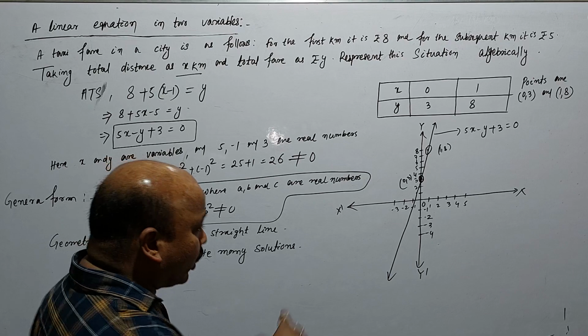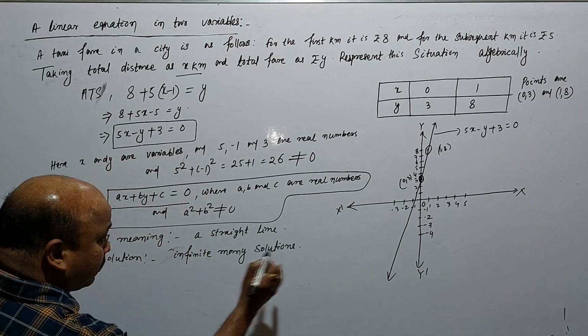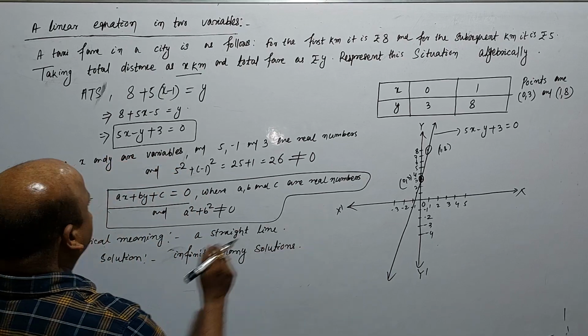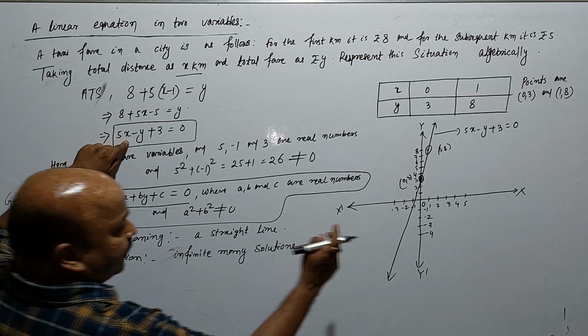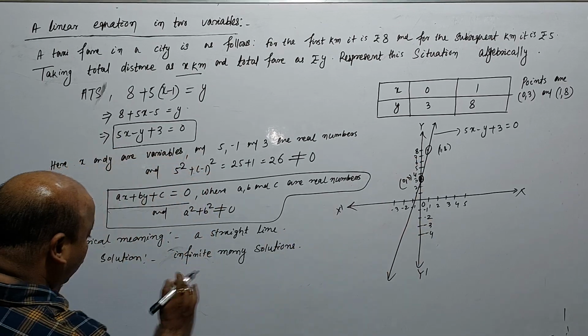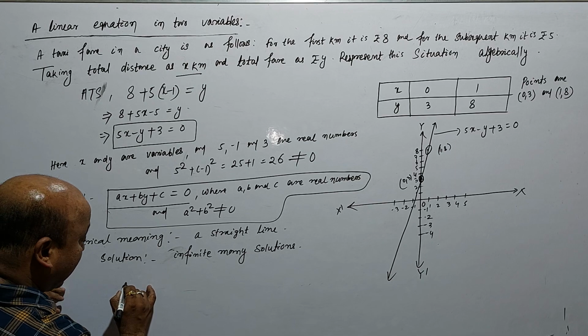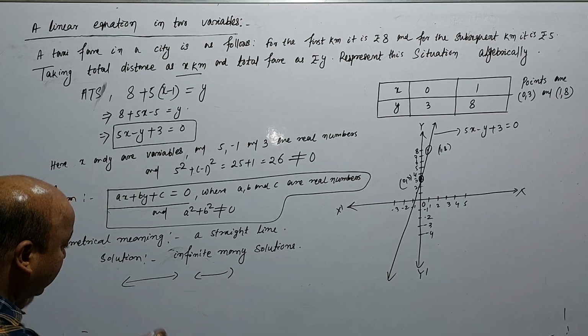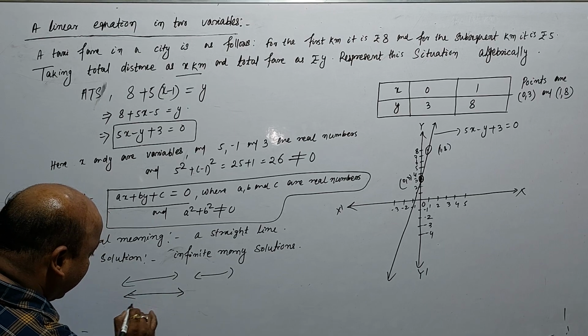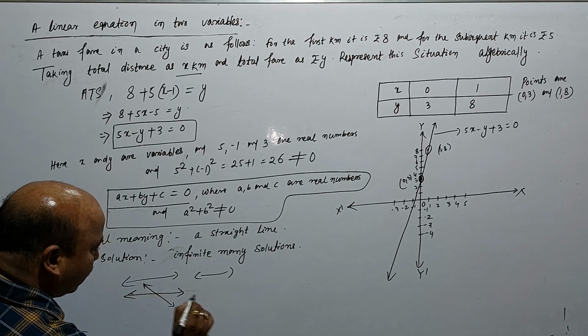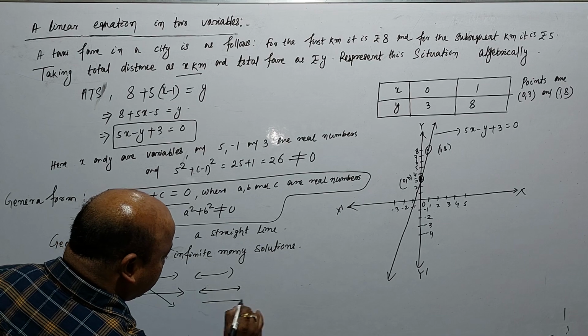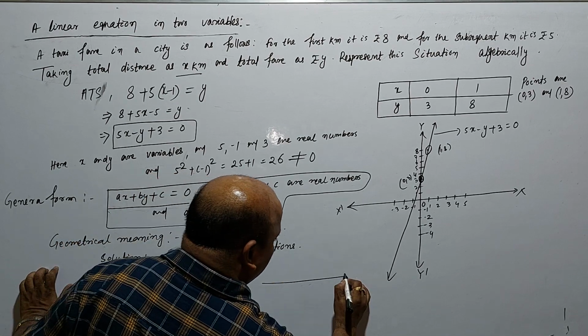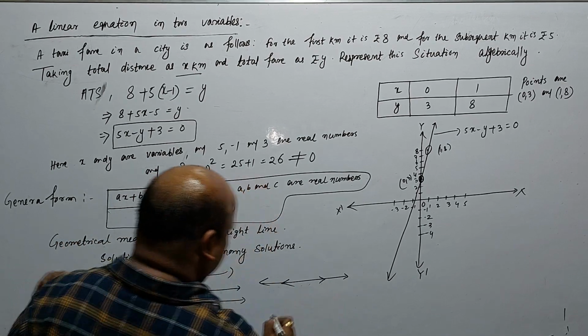what will we conclude? One linear equation represents a straight line. If there are two straight lines, then what about them? Either they intersect with each other, or they are parallel with each other, or they coincide with each other.